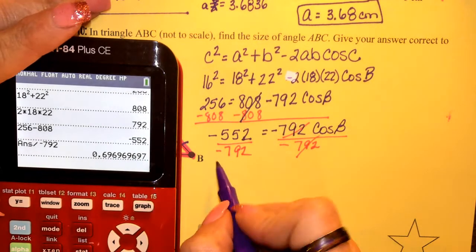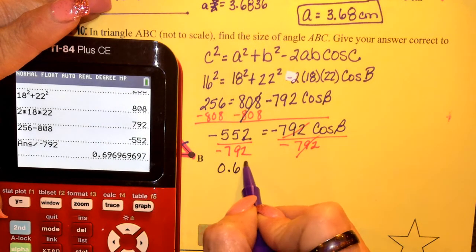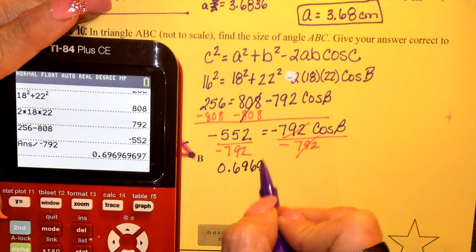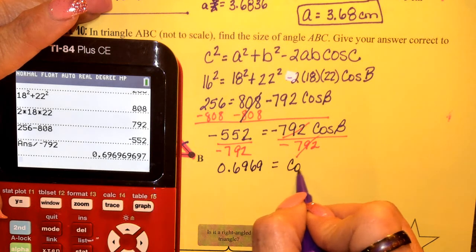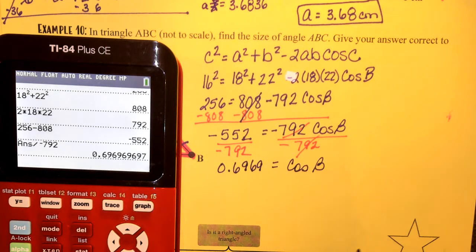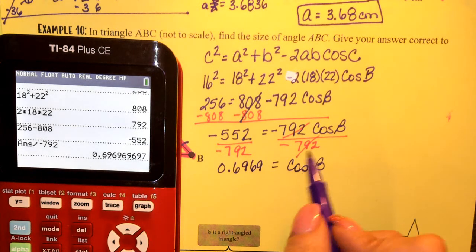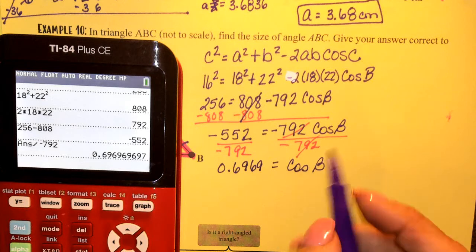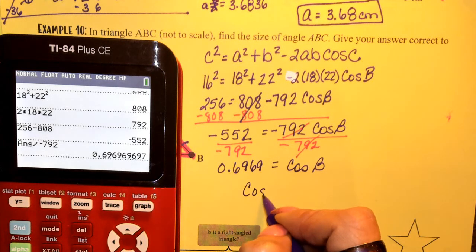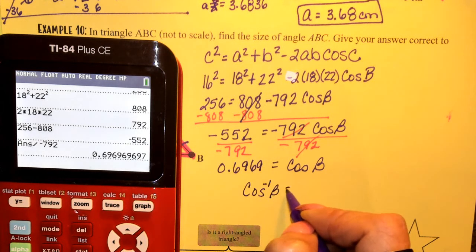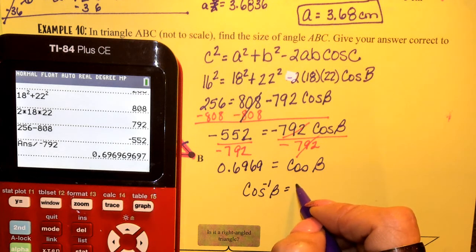Okay, I got a crazy answer here. 0.696, looks like it just repeats. Cosine of b. Now, when I have a value and I want to find what the angle measure is, I want to know what the measure of angle b is. Remember, we have to say the inverse cosine of that right there.